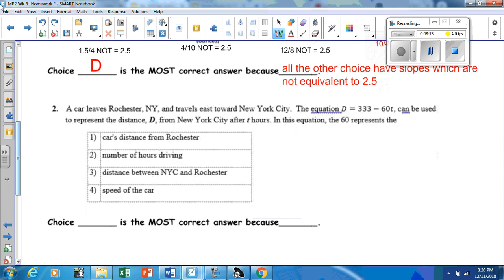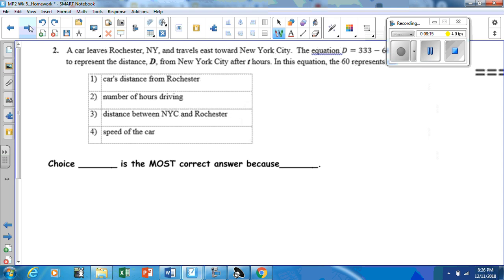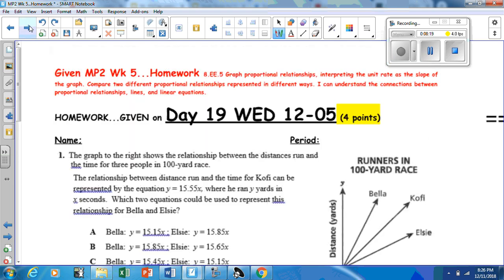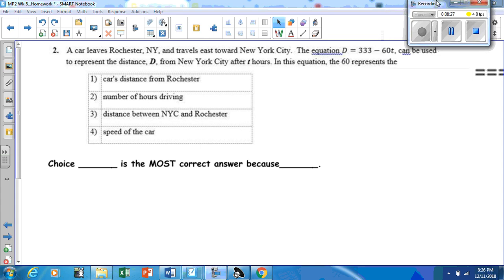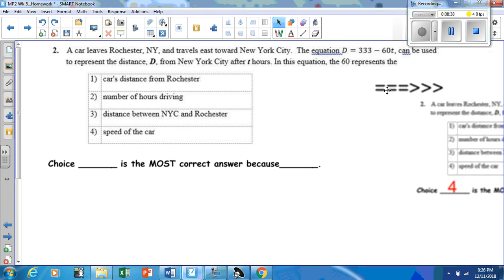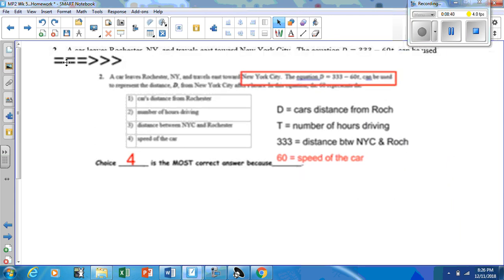Now the question is asking, what does all of this mean? Well, I'm telling you that the car's distance from Rochester is D. The number of hours driving is T. The distance between New York City and Rochester is 33. So the 60 must represent the car's speed. So my best choice is 4.